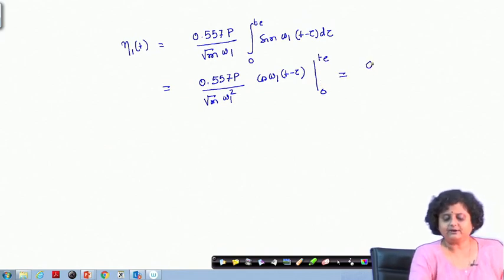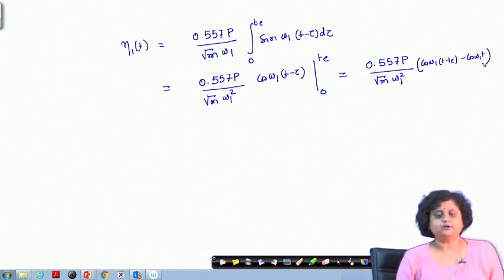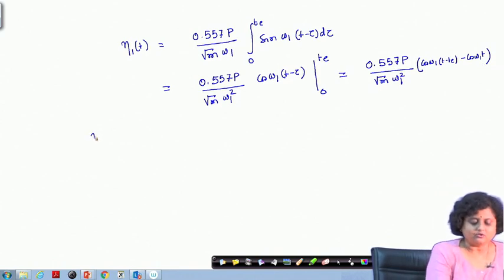That can be written as 0.557 p by root over m omega 1 square, and then I will have cos omega 1 (t minus t e) minus cos omega 1 t. So, this is going to be the solution of eta 1. It is very straightforward.